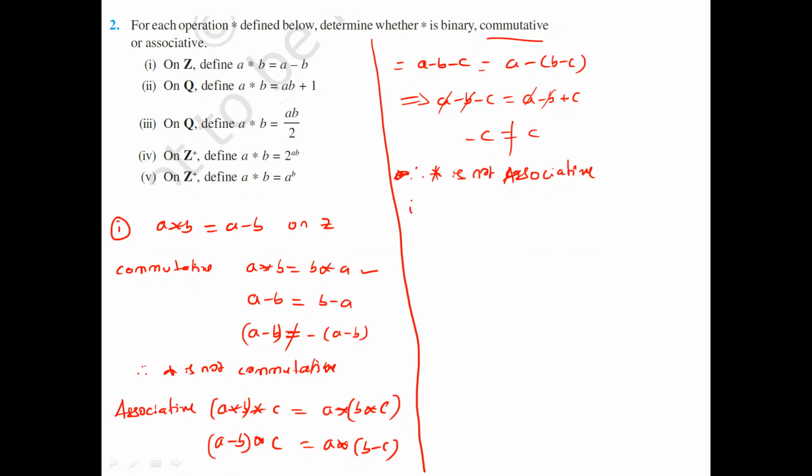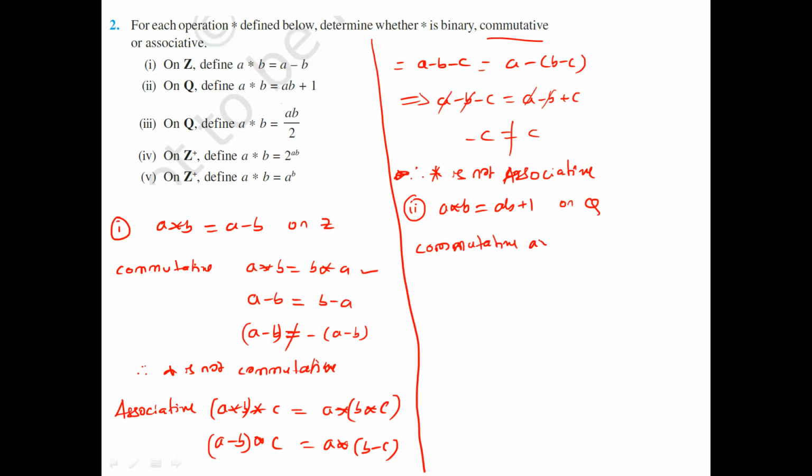Next, second problem. The second one is A star B equal to AB plus 1 on Q. Now you can take any rational number. First, commutative.